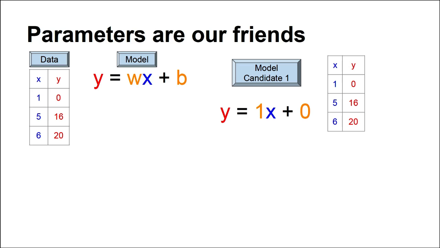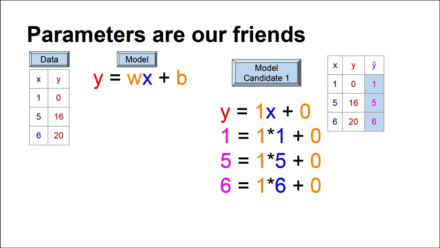The first thing we need to do is that I will give you some random number for w and b, and these are the y's that it would get. So if you plug the input data into the current model, these are the values that you would get.